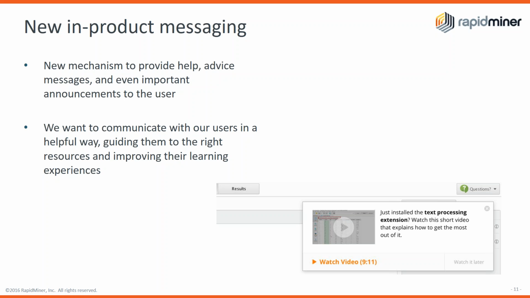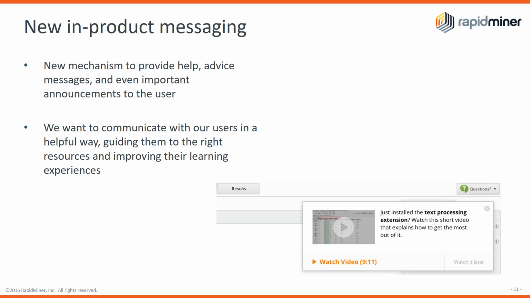So you might have seen, if you have downloaded 7.5, there is a message saying, well, now you have this new data management core that you can try. You have more information here. Or if you download, let's say, text processing extension, you can try and maybe watch this video that explains how it works, and so on.